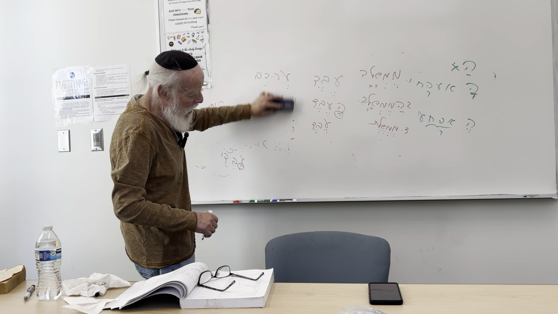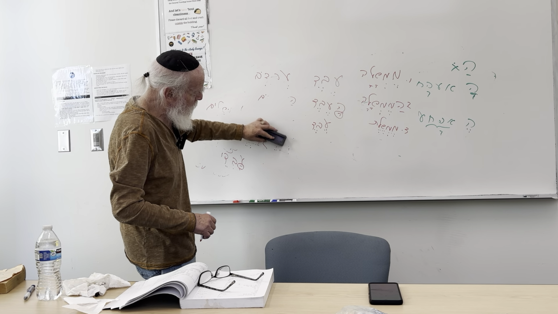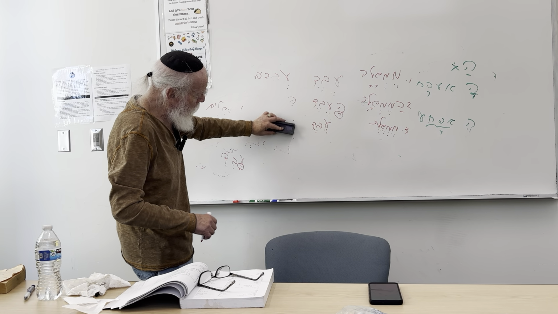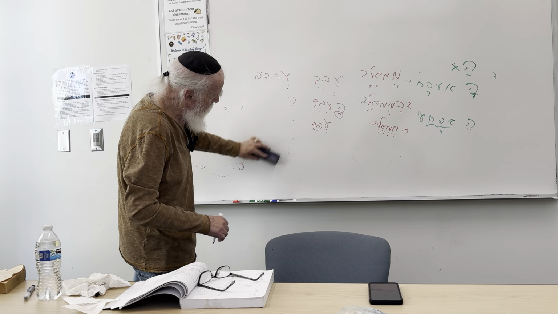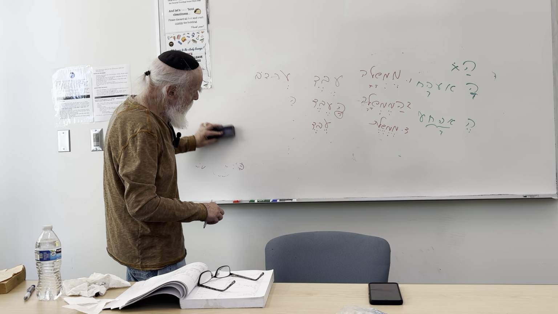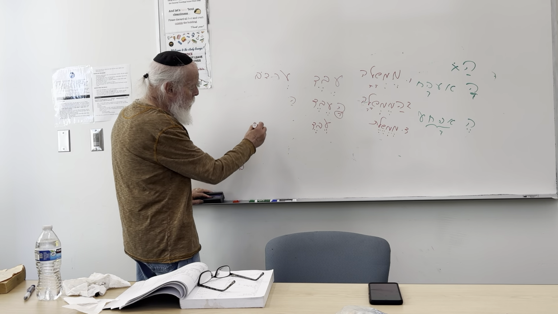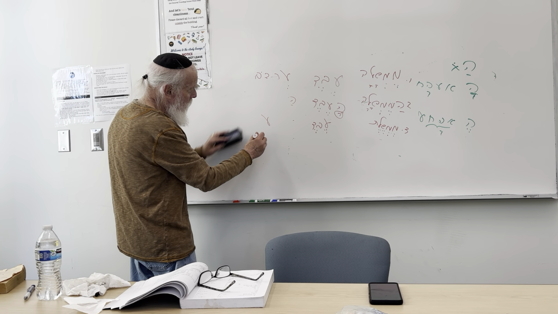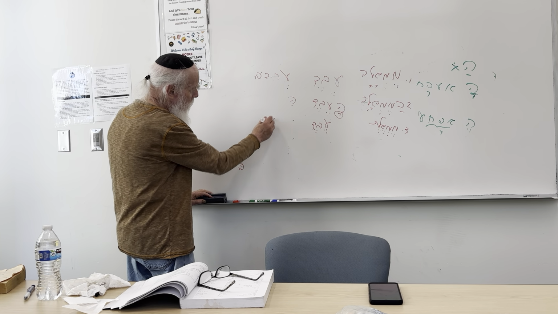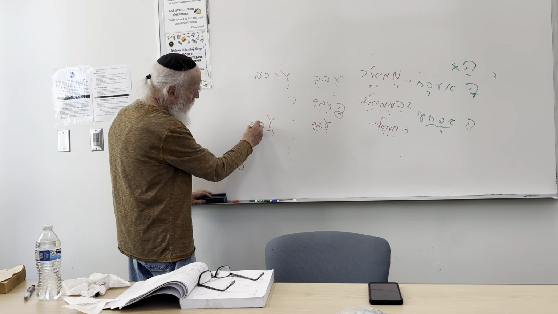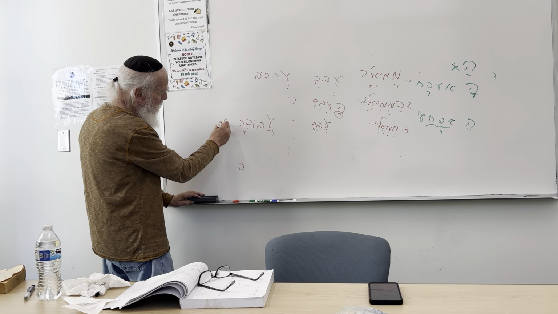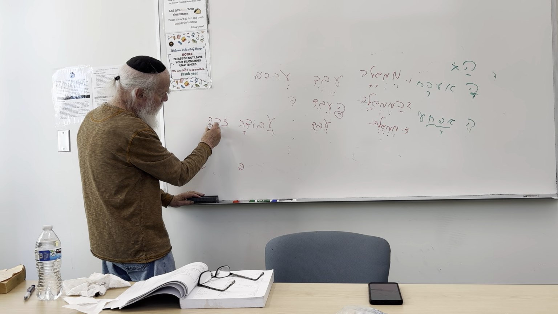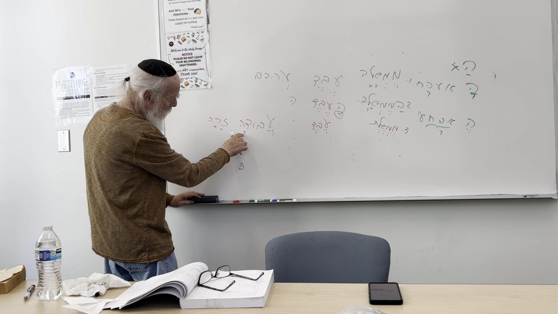The word for idolatry, false religion, false worship, is called avodah zarah. The word used is avodah. The word zar, zarah, feminine singular, means strange. Strange work.